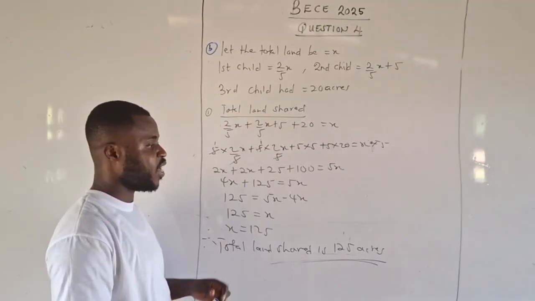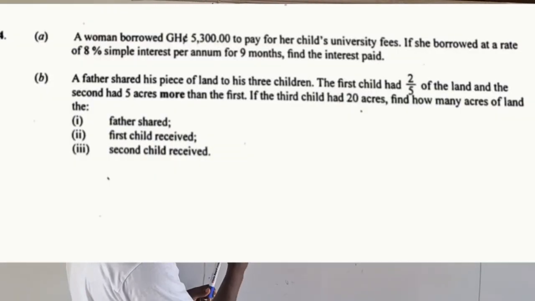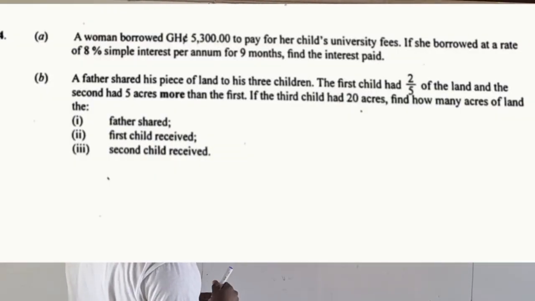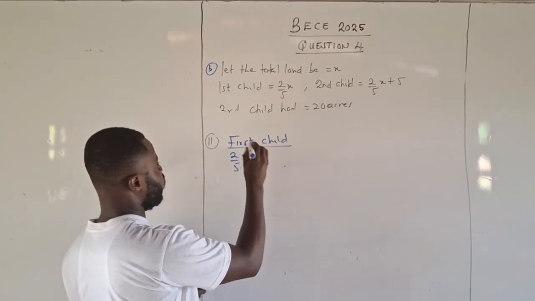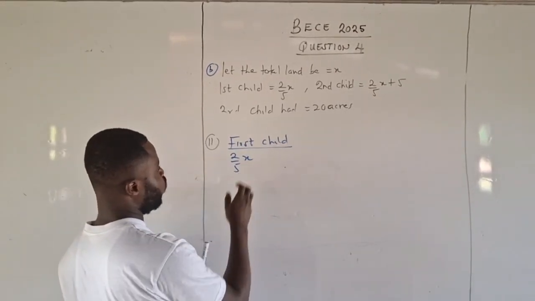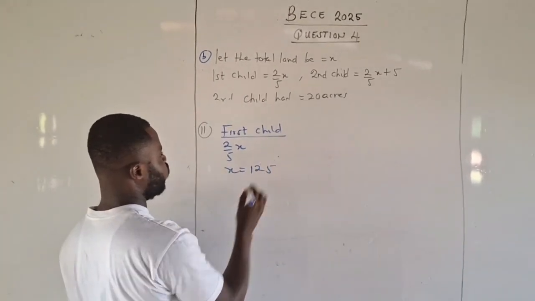So let's quickly take part II. We have to find the portion of land the first child received. And we know the first child got 2/5 of the land, which is 2/5 x, and we know x is equal to 125.